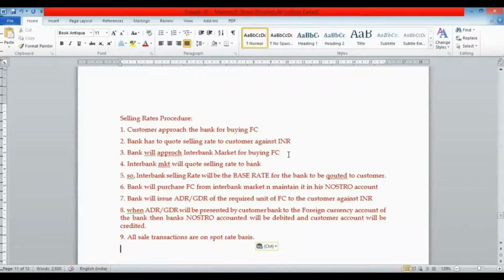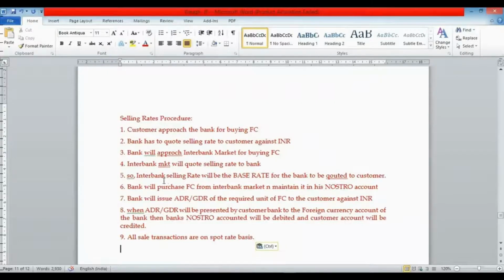The bank will approach the interbank market for buying foreign currency. Interbank market will quote the selling rate to the bank. So the interbank selling rate will be the base rate for the bank to quote to the customer. The bank will purchase foreign currency from the interbank market and maintain it in its nostro account.